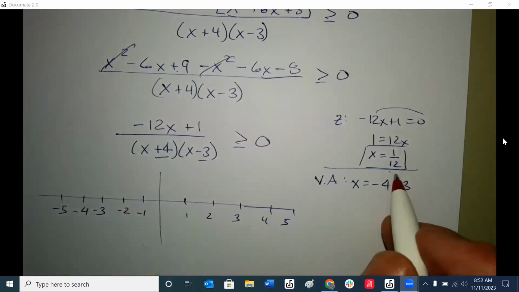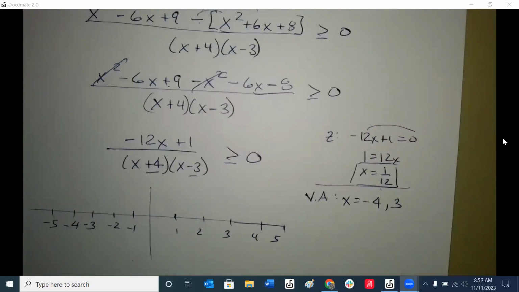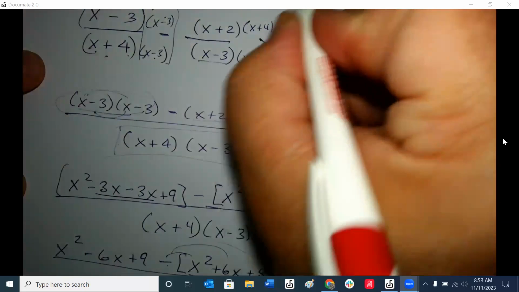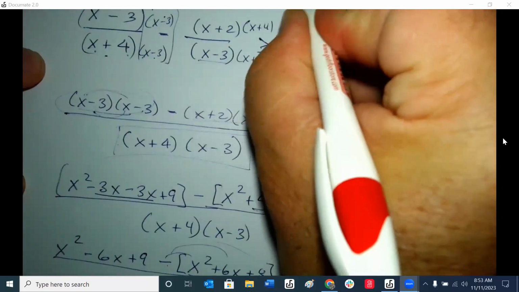Okay, so let me make sure my top number is correct. I didn't change numbers anywhere. That's where I messed up. This is supposed to be a 5.